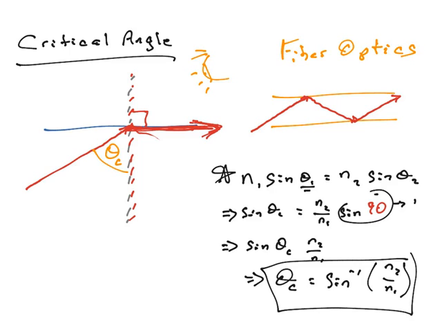So let's do it for water. n1 sine theta c is n2 sine theta 2. All right, n1, I'm coming from water, so 1.33 sine theta c is n2, 1, I'm going to air, times sine of 90.